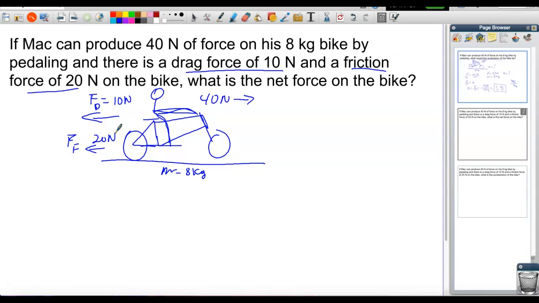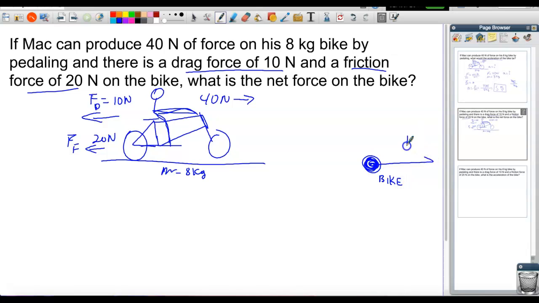So now we need a free body diagram because we have these forces working on the bike. So here's the bike. And we have a 40 newton force, which is the force of the pedaling. Actually, let's redo that. Make that bigger, so there's the bike.